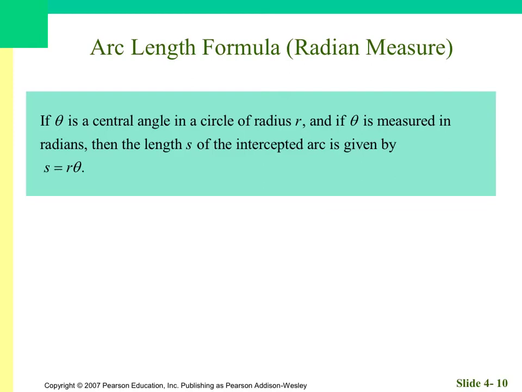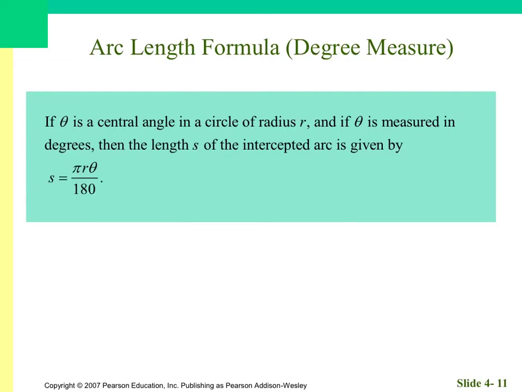If you get a measure in radians and they want you to find the arc length, not the full circumference, the arc length, it's just the measure of the radius times the angle. Okay, that's for radian measure. For degree measure, see how we still have that r theta, but you have to convert from degrees to radians. That's why it's times the pi over 180. But same thing. Okay?